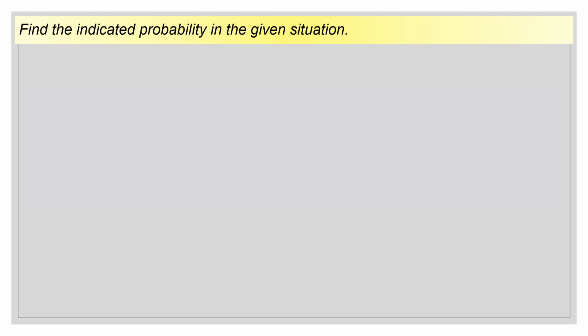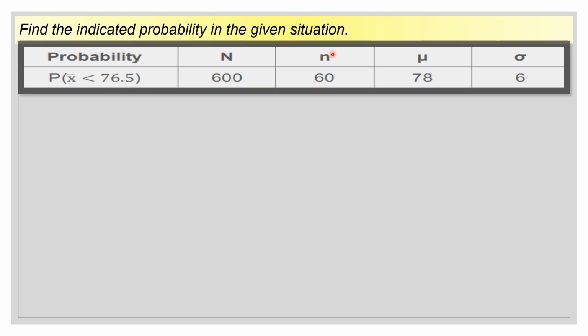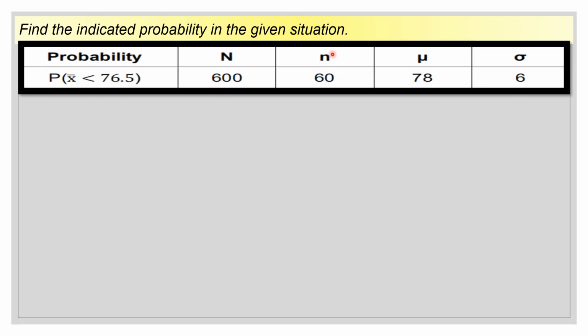So let us find the indicated probability in the given situation. Let's have this example. The given here are, the probability of x bar is less than 76.5, our population is 600, our sample is 60, our mu is 78, and sigma is 6.